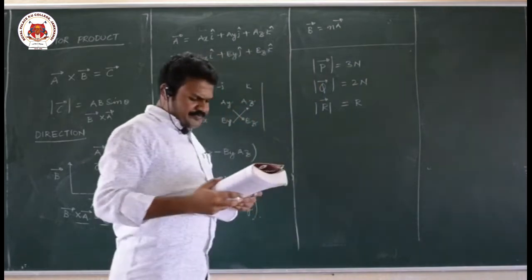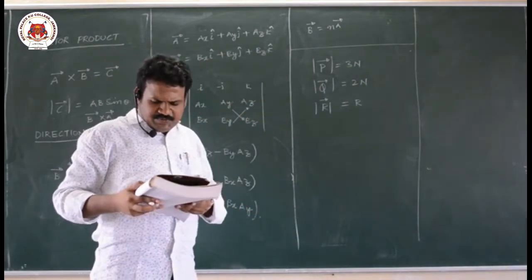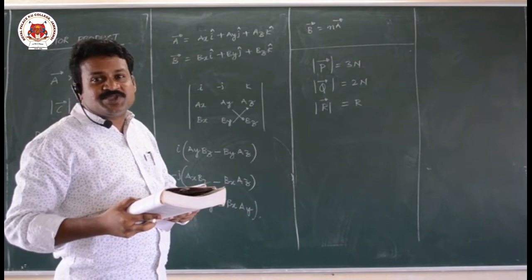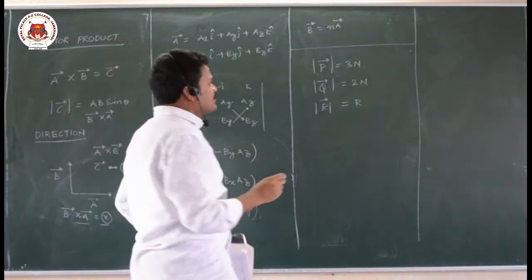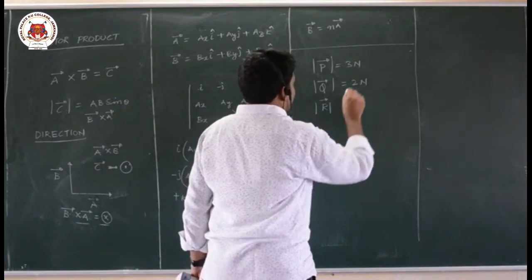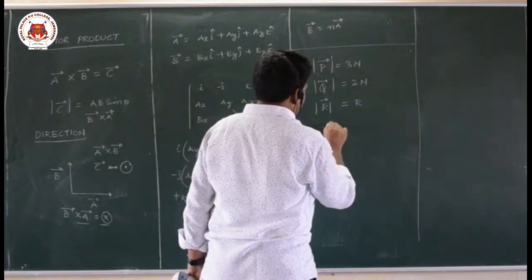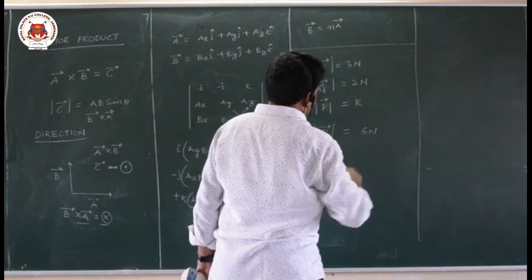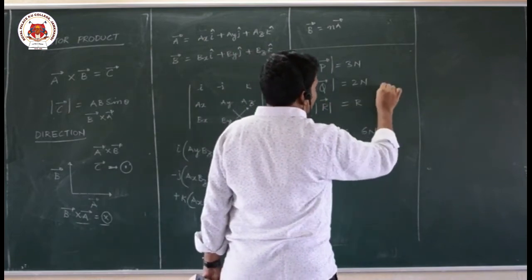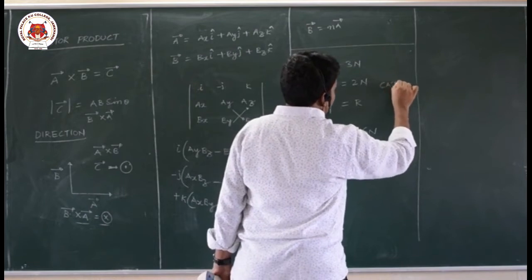Now what he has done: the first force P bar is increased to 6 Newton and the resultant becomes 2R. Q is kept the same.